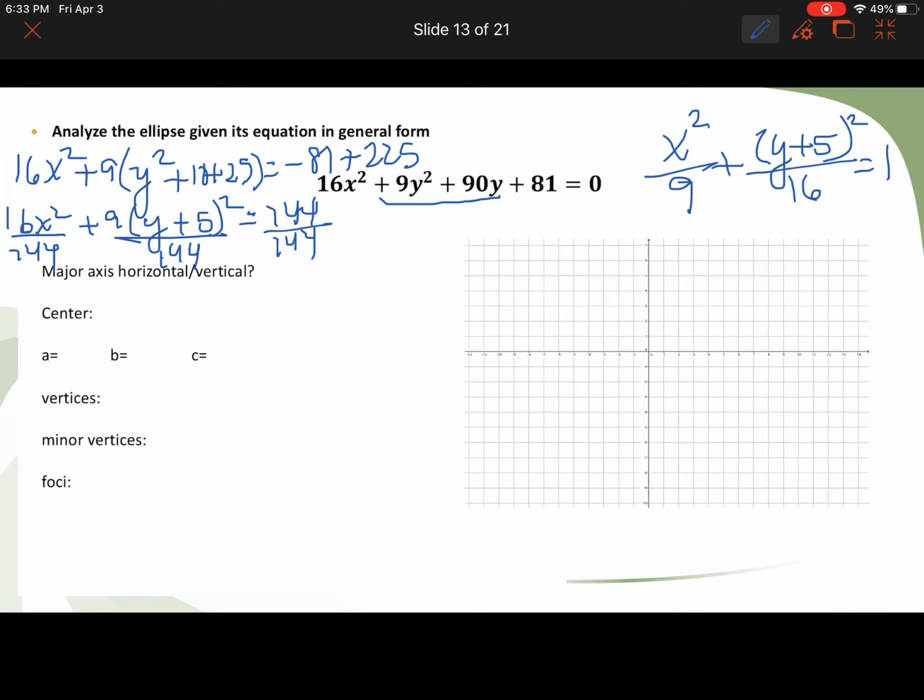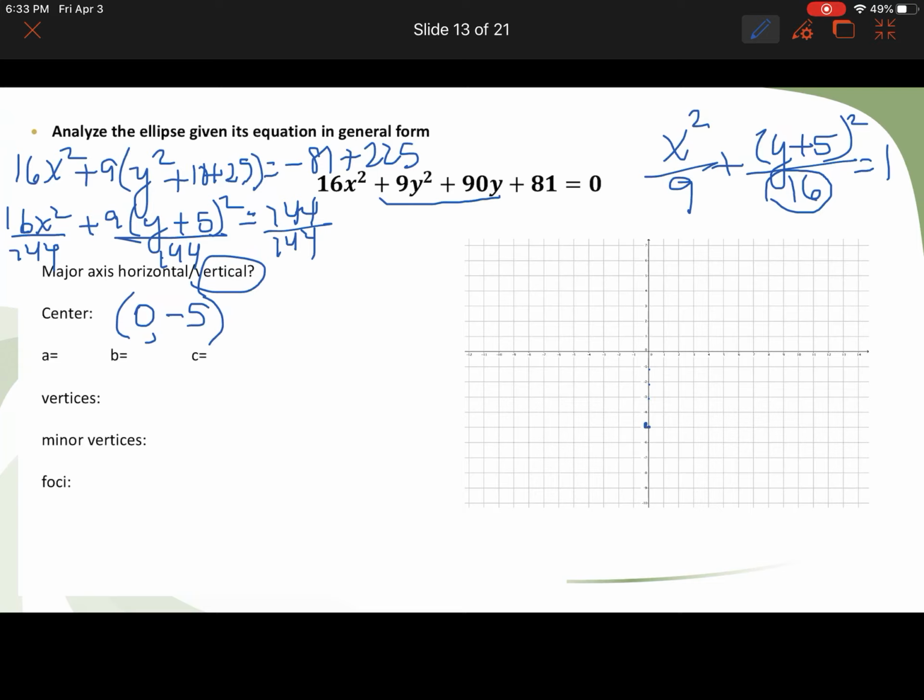So, is it vertical or horizontal? Well, the bigger number's under the y, so it's vertical again. It's going up and down. The center, so the x is not shifted at all, so the x center is going to be at 0, and the y will be at -5.